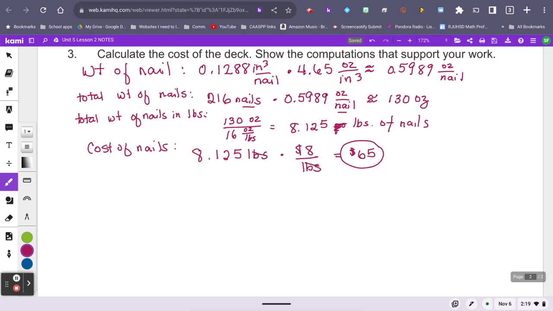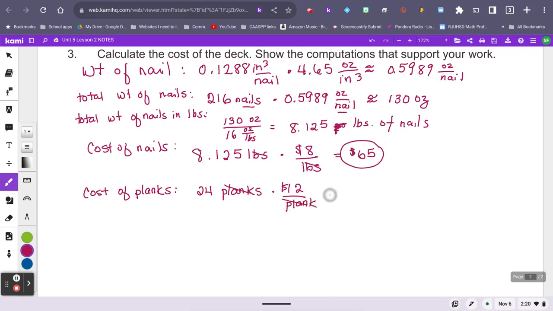Now the cost of planks: we need to get 24 of them, and we know that they are $12 a plank.